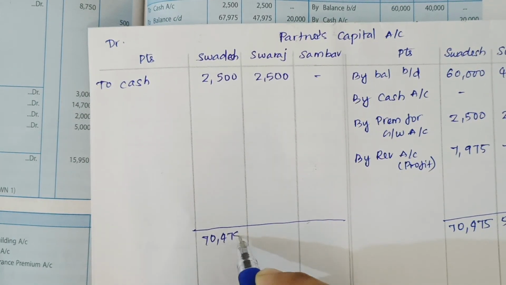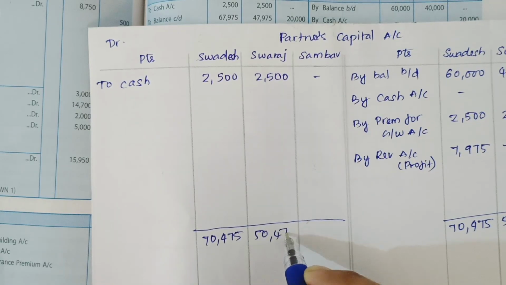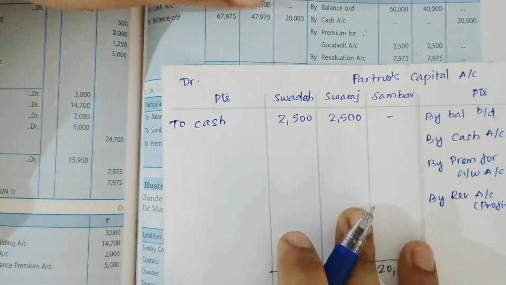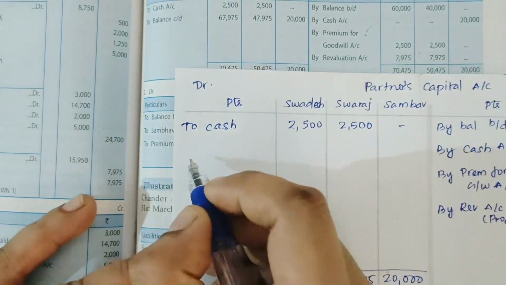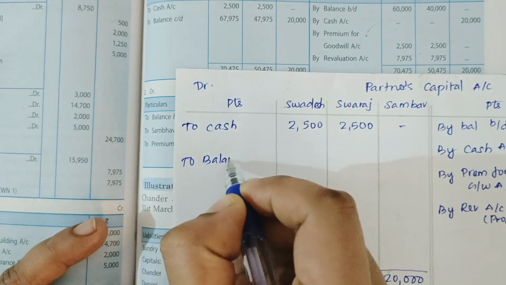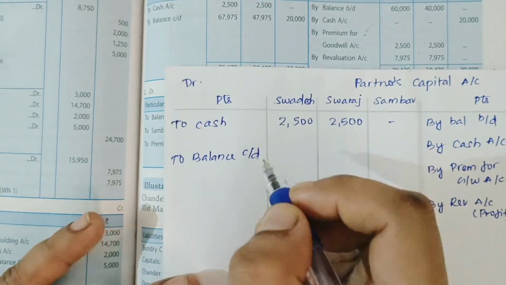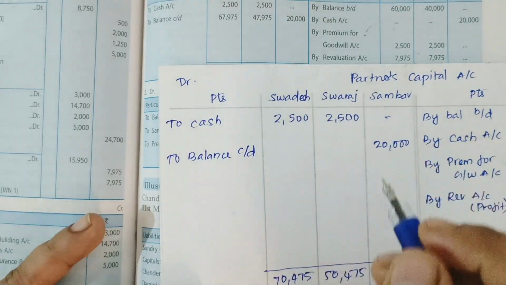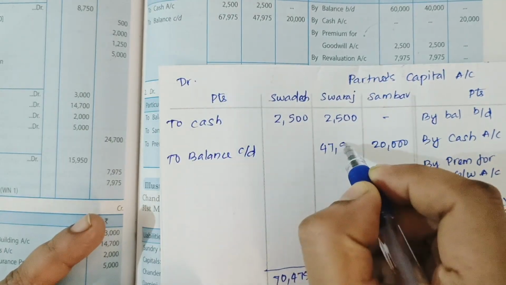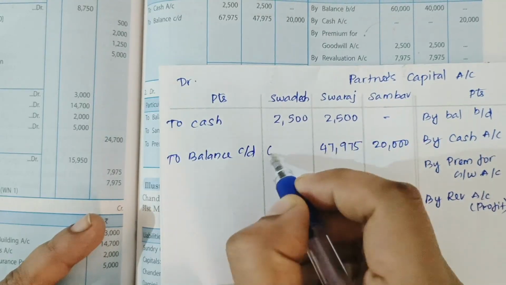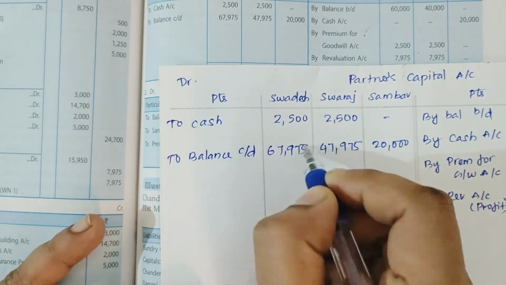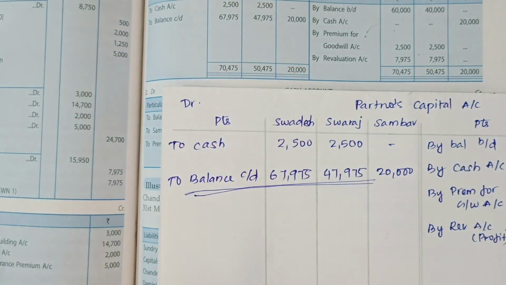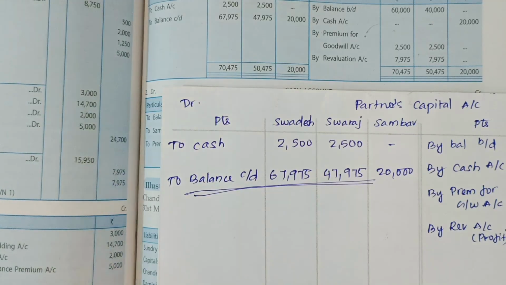So the balancing figure comes on the debit side to balance carry down, and here it is 20,000. Here the difference is 47,975 and here the difference is 67,975. So these are the new capital of partners which should be recorded in the balance sheet.